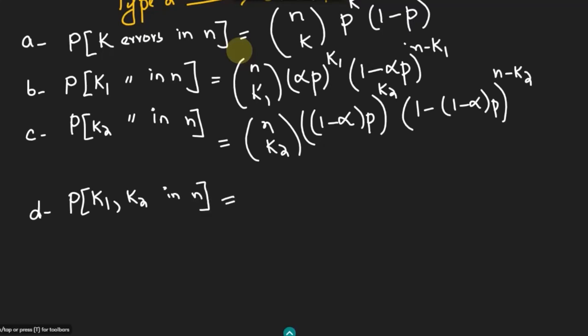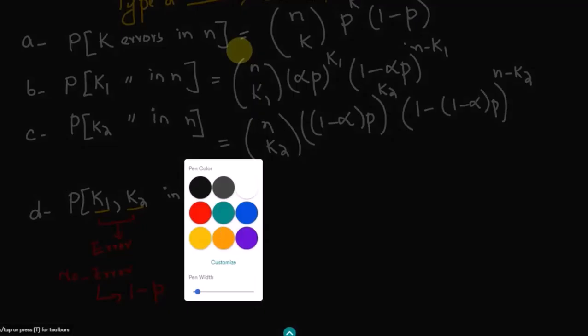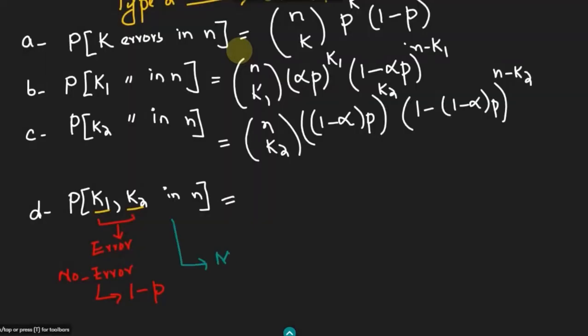We have two categories of error, which are k1 and k2, and also a third category that we will have no error. We also know the probability of no error, and that is 1 minus p. So writing all these terms here, the problem will become a problem of the multinomial probability.